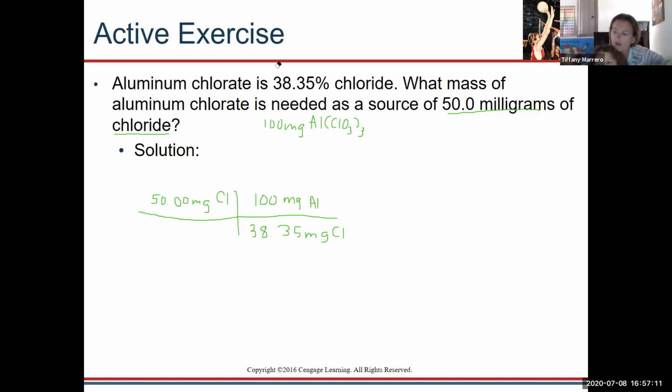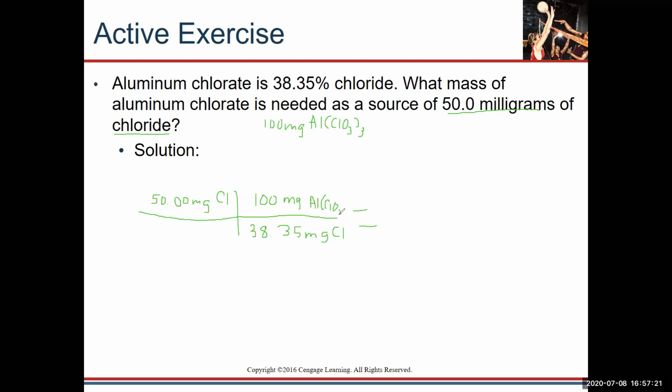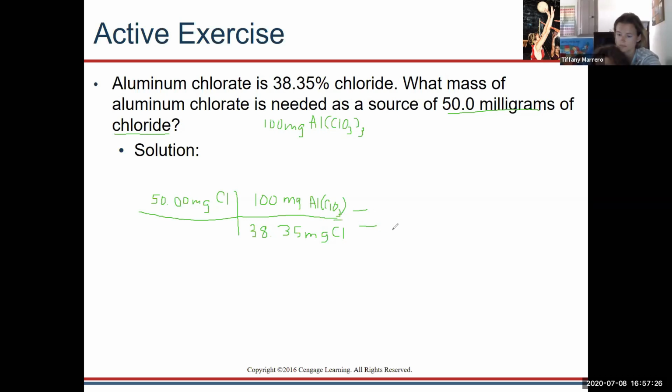So then what are we going to do? We're going to multiply across and divide, and we get our answer. What do you guys get? 1.30 grams aluminum chlorate.